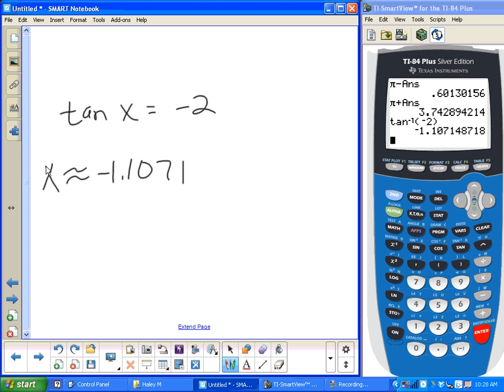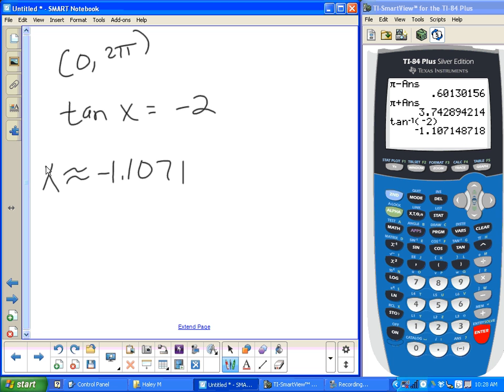Look at the directions. It has to be in between 0 and 2 pi. And certainly a negative number would not be in between 0 and 2 pi. So you still have two solutions. It's just that one can't count because it's negative. Now let's think about it. What's a way we can get to the same spot but positive?